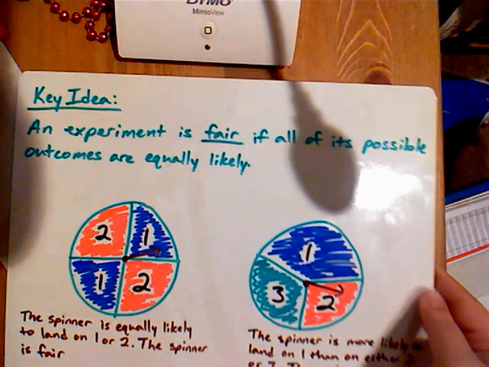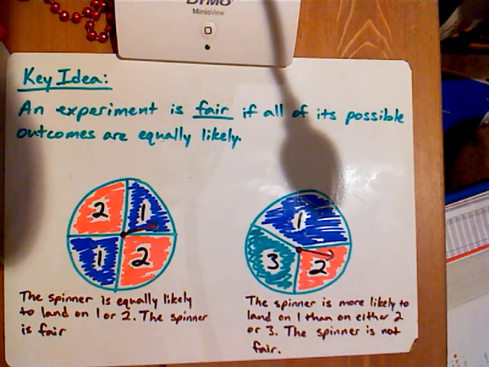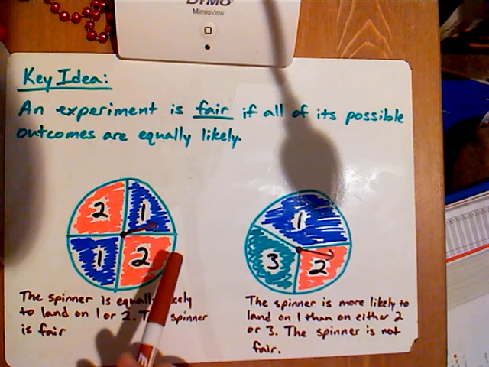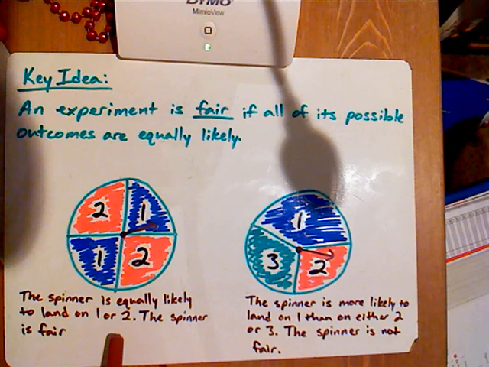We also have another key idea that we'll be looking at, and this key idea is an experiment is fair if all of its possible outcomes are equally likely. So we have two spinners here. Our first spinner has 4 sections, 2 are 1s, 2 are 2s. So this spinner is equally likely to land on 1 or 2, and so this spinner is fair.